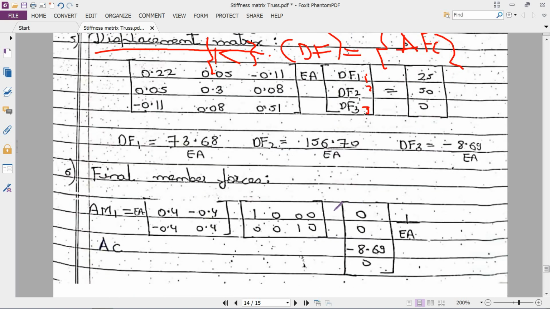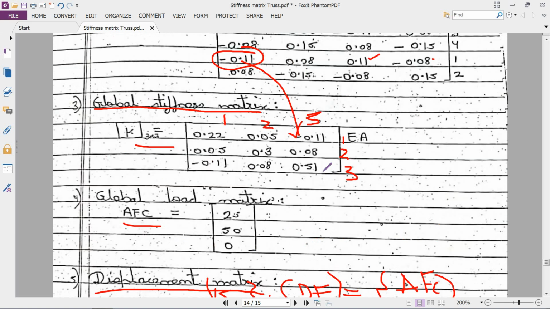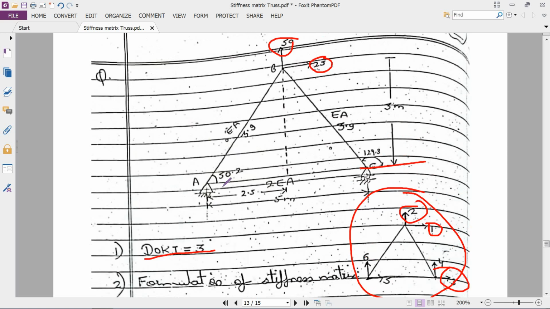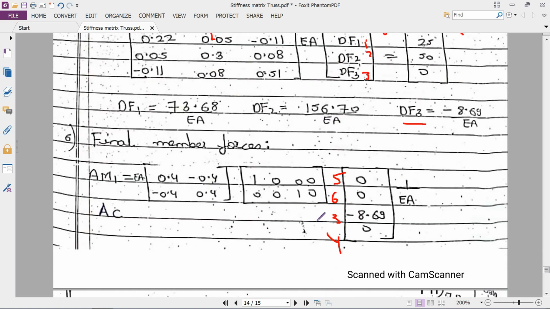So here you can write 5 6 and here 3 and 4, and we know that we have calculated the unknown degree of freedom, that is the displacement of 3. So we just put here this value, and 1 by A outside the bracket, whereas at the coordinates 5, 6 and 4 the value will be 0 because here the support is fixed, so there will be no chance of displacement whatsoever.